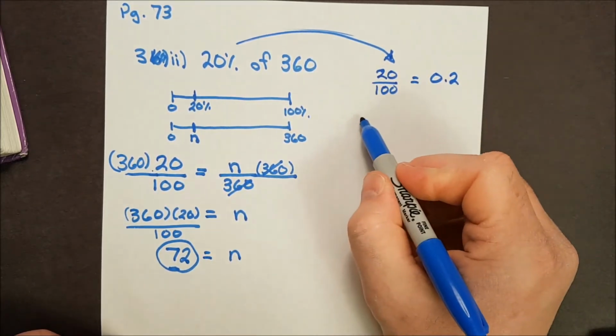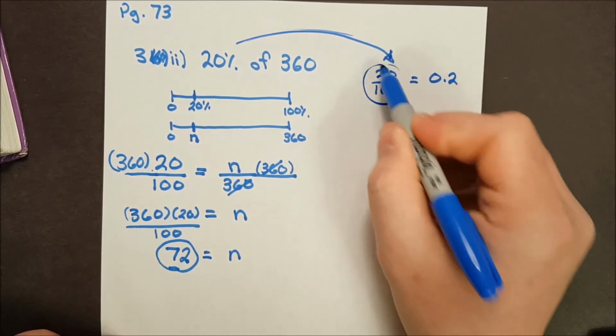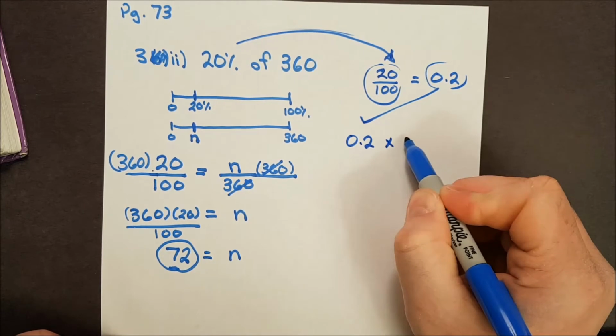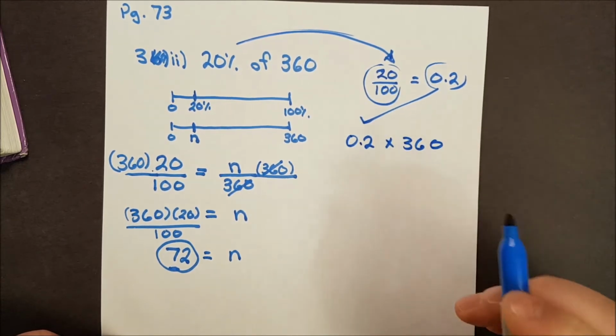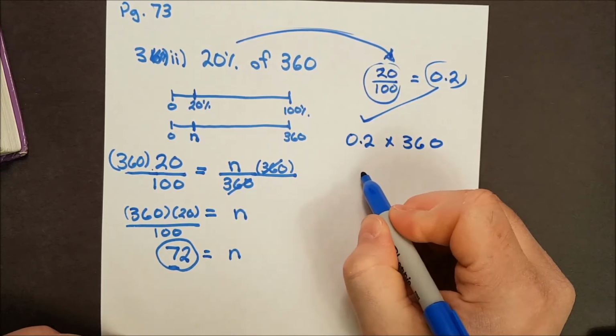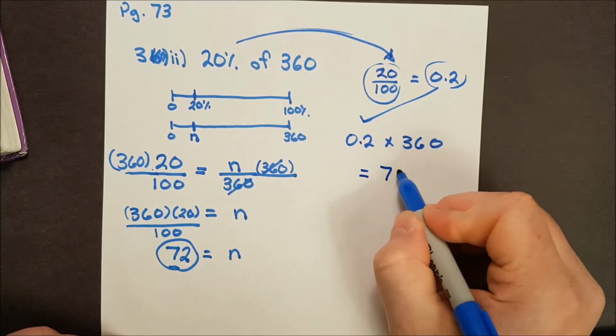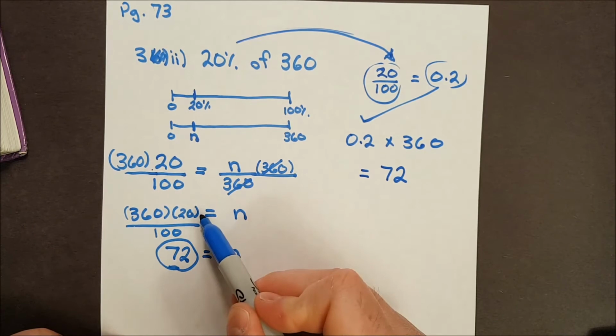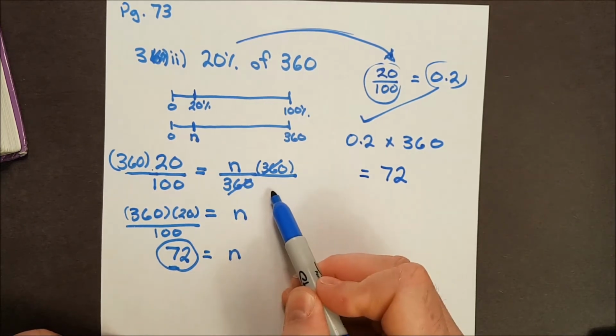Now we can simply use that information, 0.2, and multiply 360 by 0.2, and that equals 72. But it's important to know the steps as well.